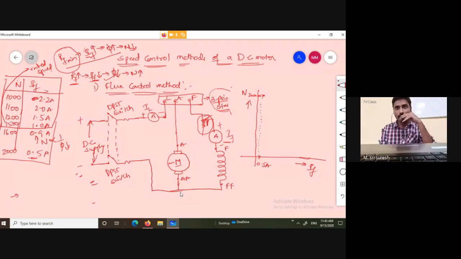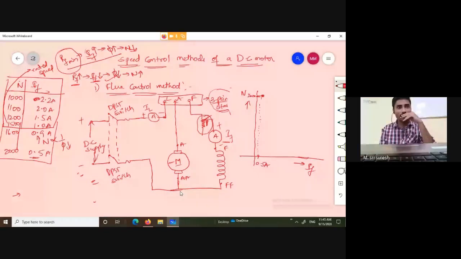If you indicate with dotted lines, this is one point, and I will indicate the high value of current, 2.2 amperes. What is the value for 1000 rpm? We will indicate it here. If you interconnect these points, we get a point. Touch these points with a curve shape.